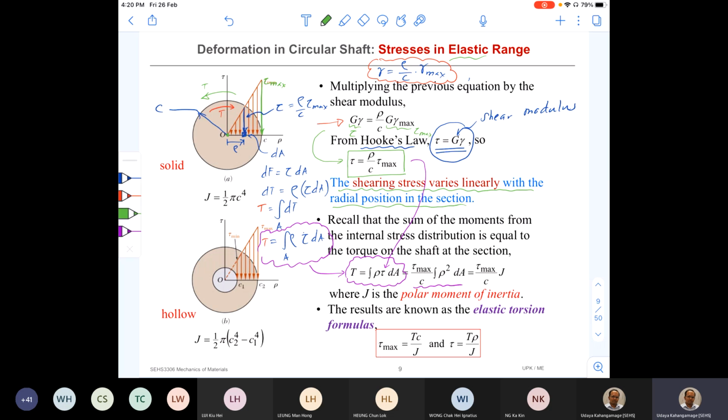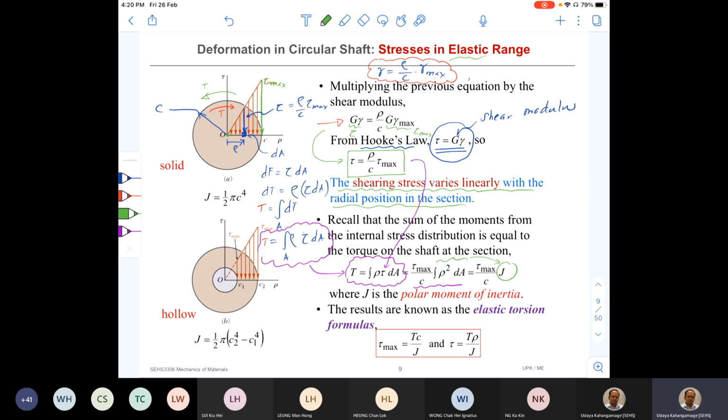The integration of rho squared dA is actually a very important quantity, and it tells me how much the cross-sectional area, this circular section, resists the deformation, or it tells me the inertia for the moment applied, how the moment is resisted.